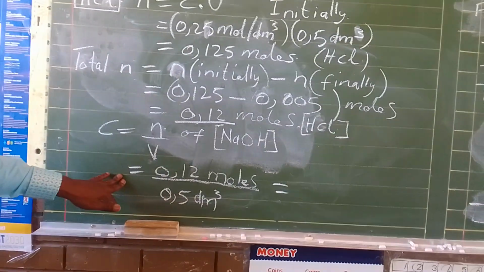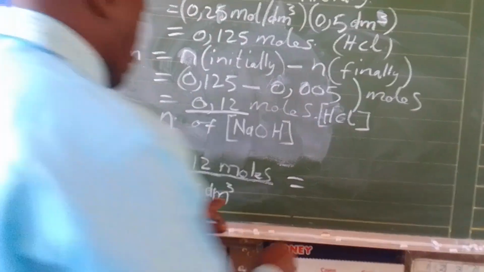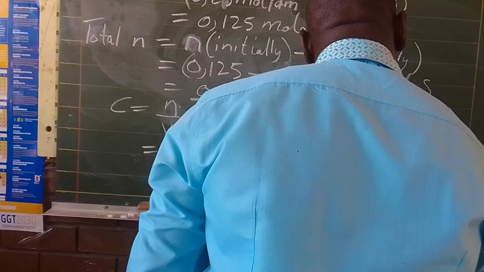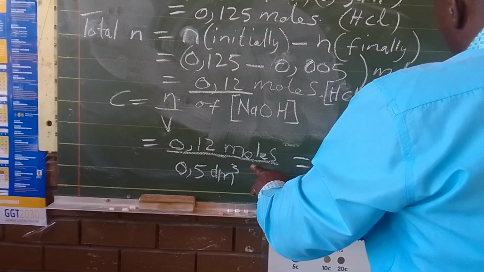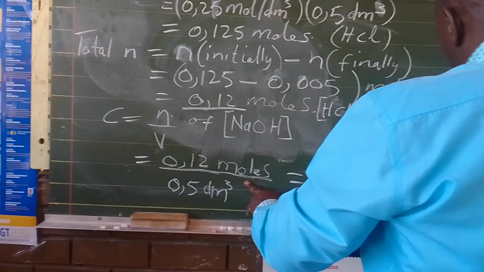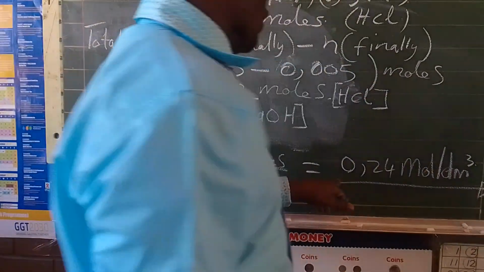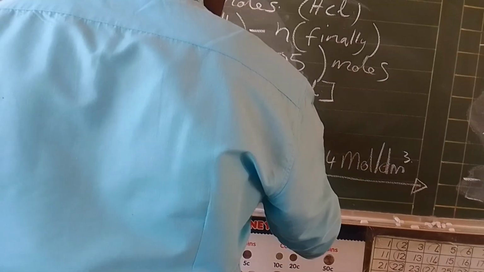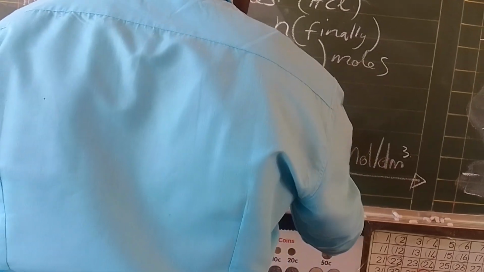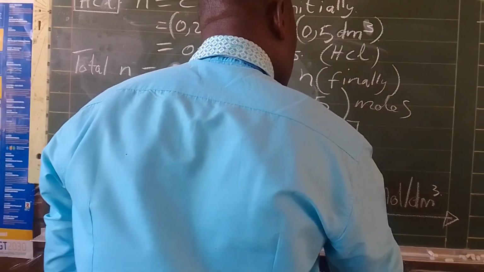Then the concentration is going to be 0,24 moles per decimeter cubed. This is the initial concentration of sodium hydroxide. I will put just the concentration of sodium hydroxide like this here.